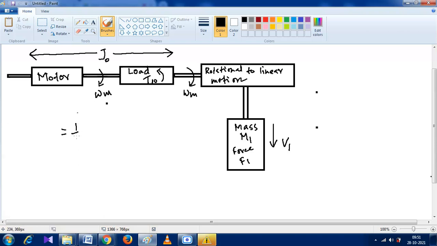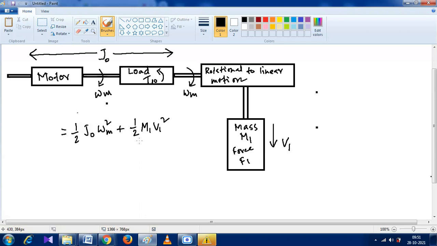Half J0 omega m square. And what is the formula of kinetic energy of the linear system? Half m1 v1 square.